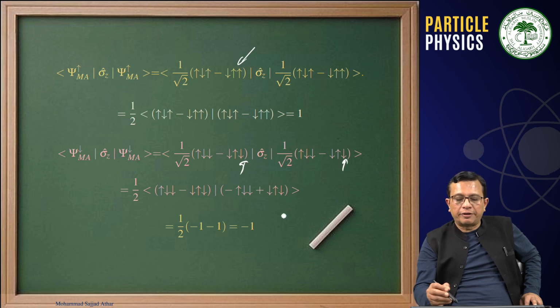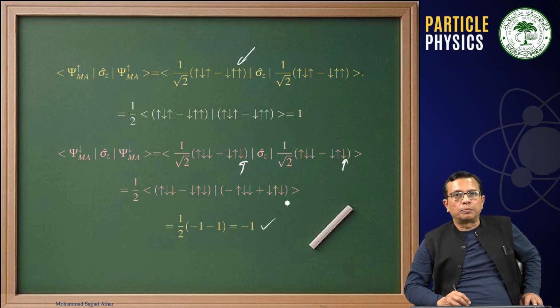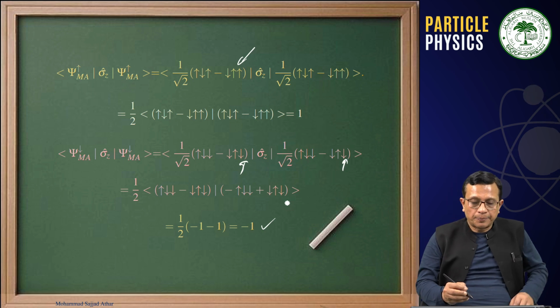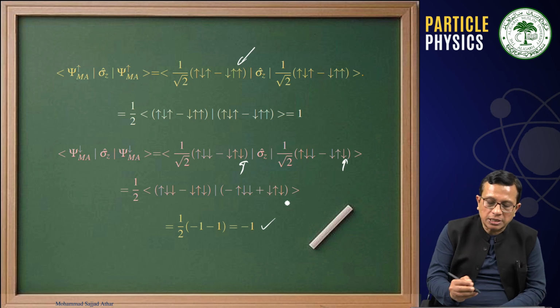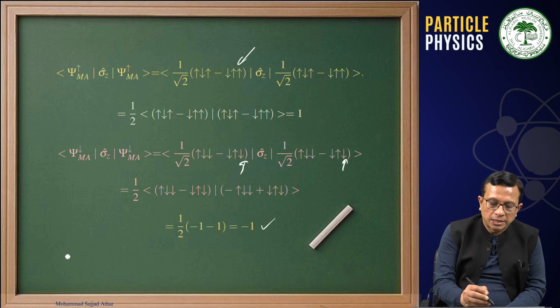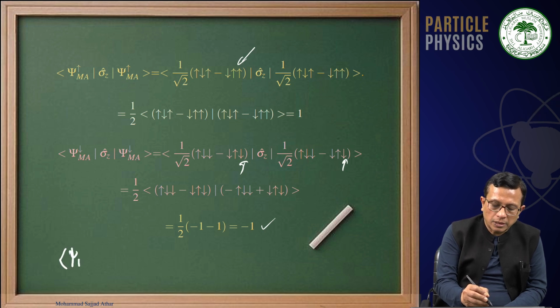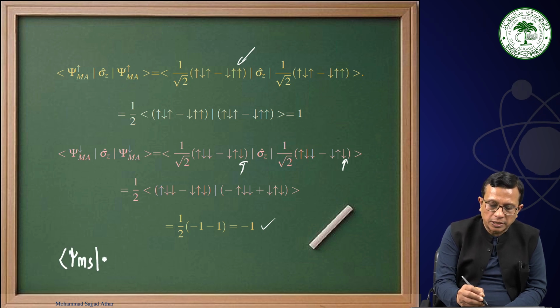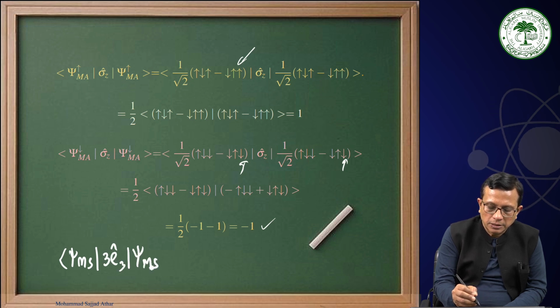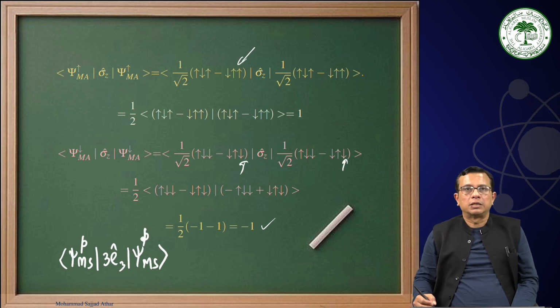And this, when you will evaluate it, this will turn out to be minus 1. While when we talk about the charge operator, for the proton case, for example, for the mixed symmetric wave function, I am talking about the proton.